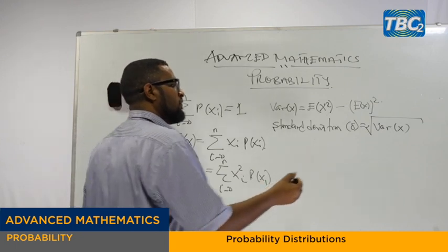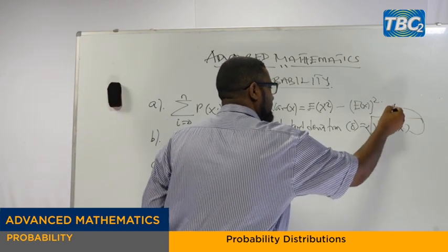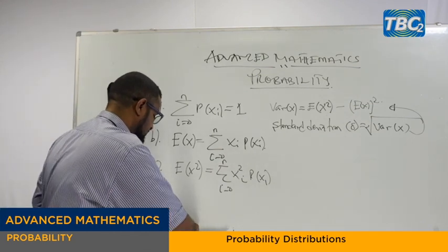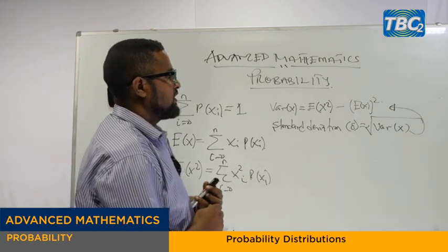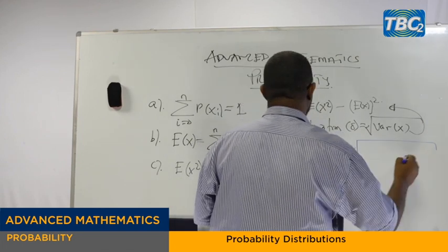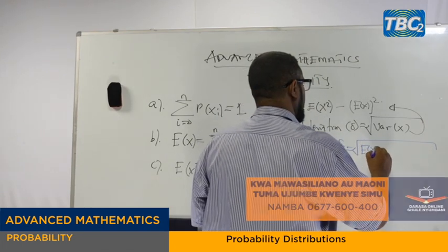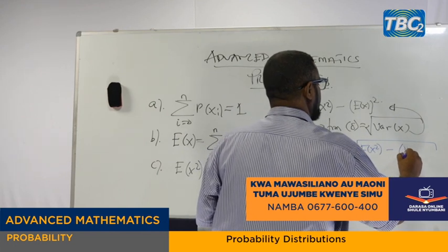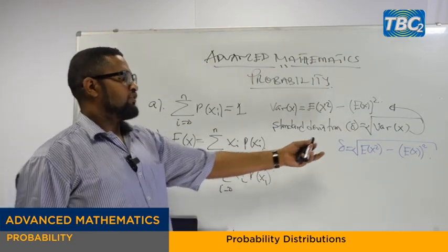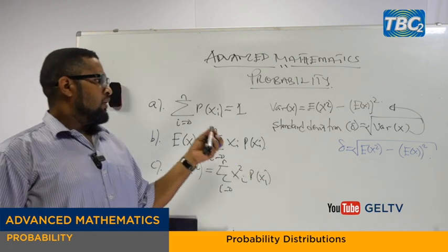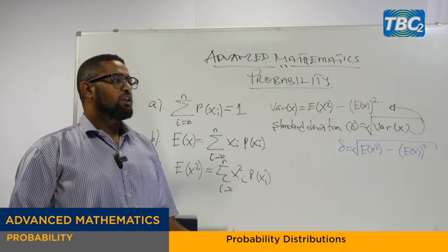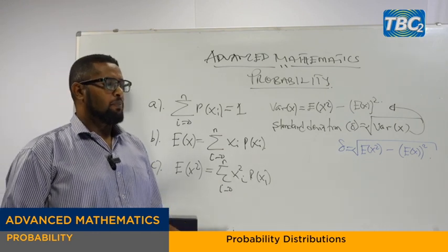Because you have the formula for finding variance, standard deviation can simply be obtained using the square root of the expectation of variable x squared minus the square of the mean. When I say the mean, it means the expected mean. Now, this one falls under the discrete random variable.